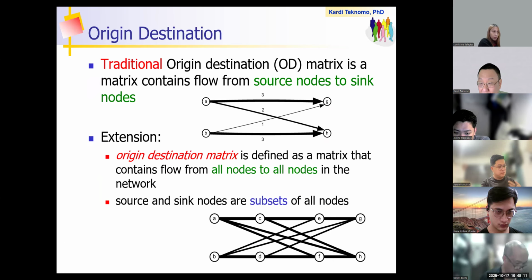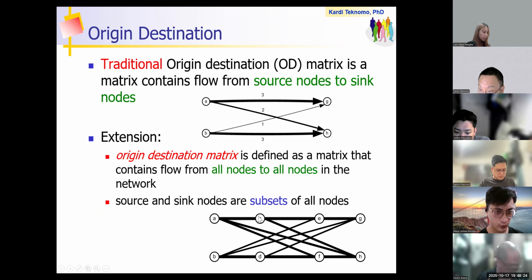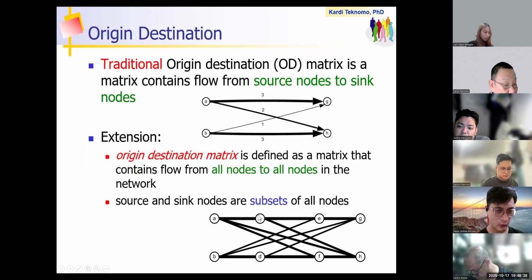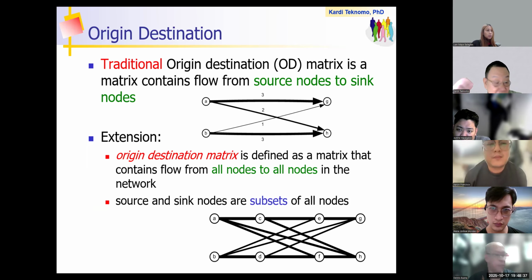So the traditional OD is just a subset of the generalized OD, because this source and sink is a subset. Why? Because now I define it from all nodes to all nodes, not just from the OD source and sink. Can you see the difference?